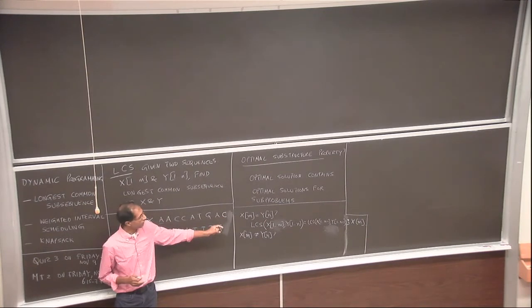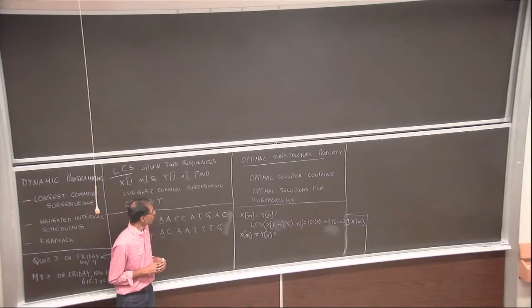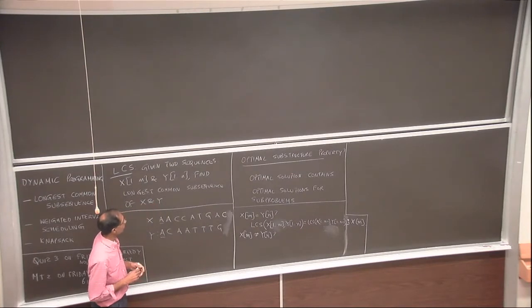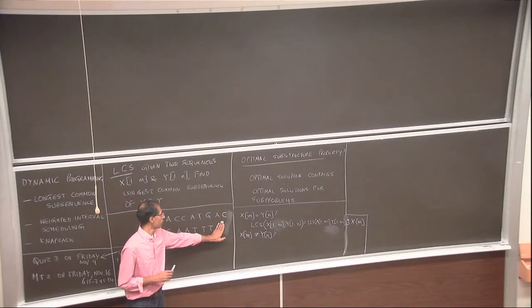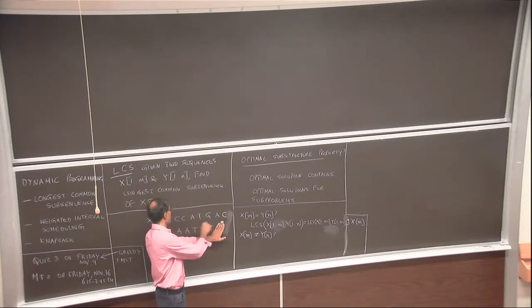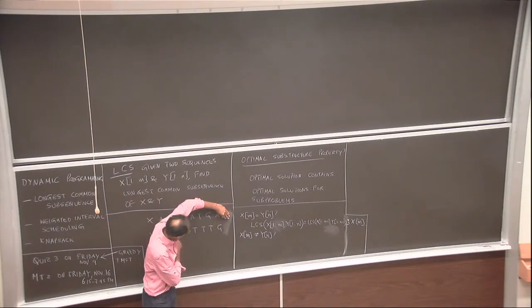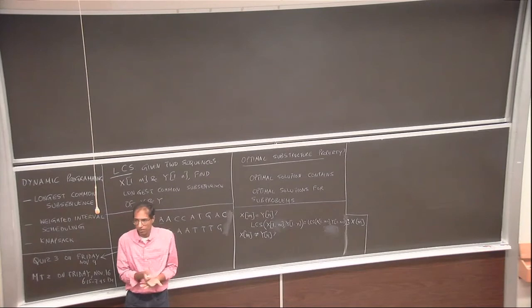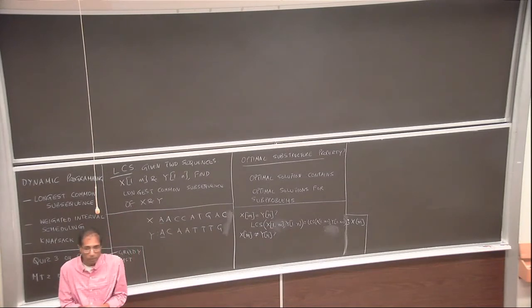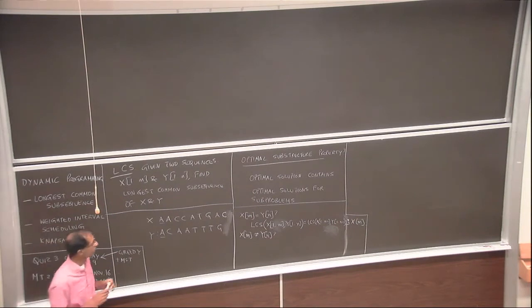I cannot match C and G. So the point is, either I'll have to eliminate G and find the longest common subsequence of these two, or eliminate C and find the longest common subsequence. The last character cannot be both C and G. It has to be one of them. It may be neither of them, but it cannot be both C and G.